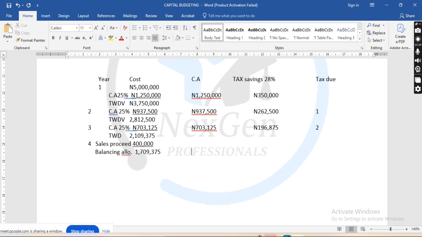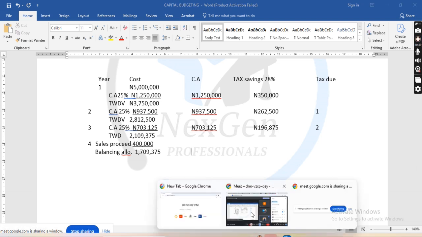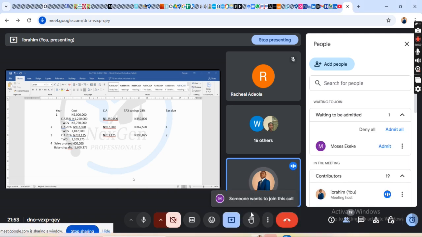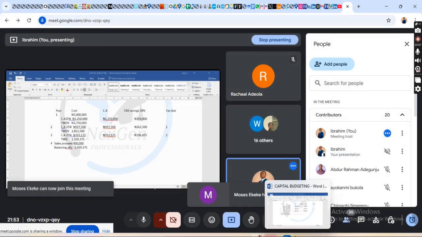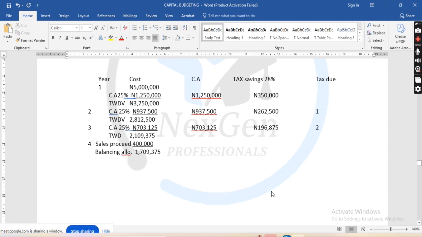Don't forget, if it is balancing charge, you don't need to charge any capital allowance on it again because it is a cash inflow. The relevant tax authority will collect tax on that balancing charge, right? We'll get there if there is a question for that.